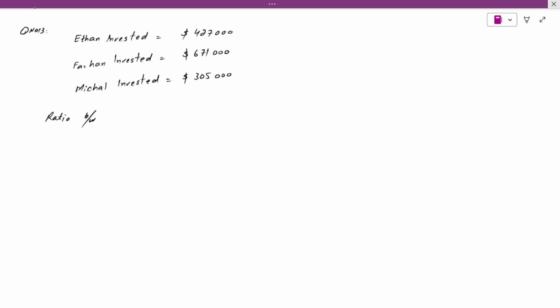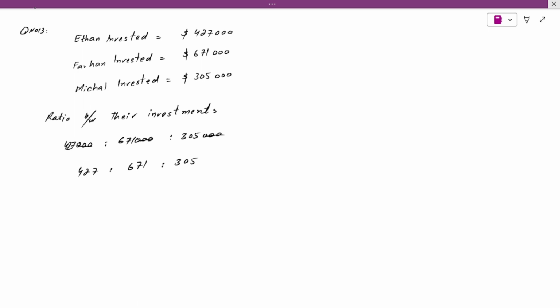The ratio between their investments is: for Ethan $427,000, for Farhan $671,000, and for Michael $305,000. Cancelling three zeros on the right side, we get 427 ratio 671 ratio 305.